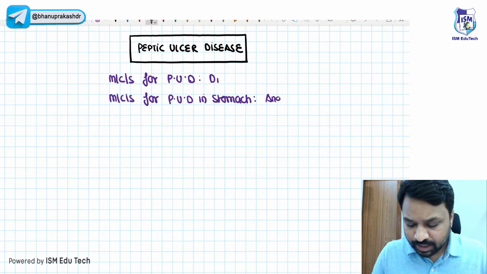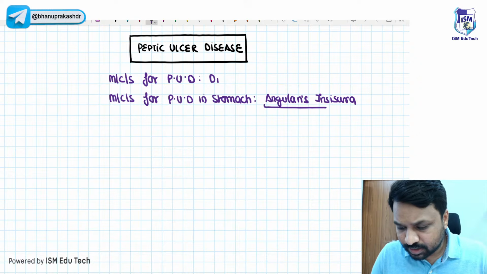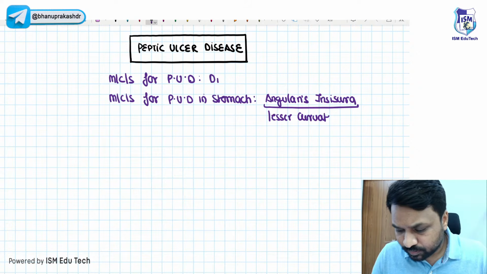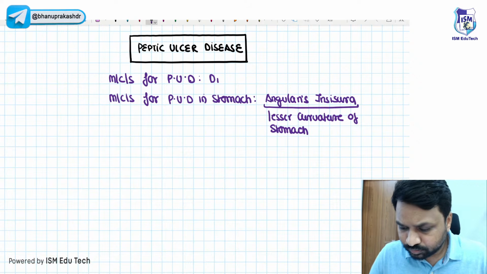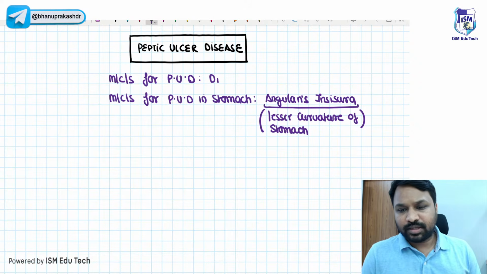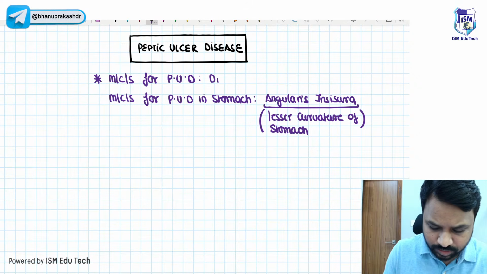It is the angularis incisura, and this angularis incisura is present on the lesser curvature of the stomach. It is going to be the angularis incisura of the lesser curvature of the stomach, right?